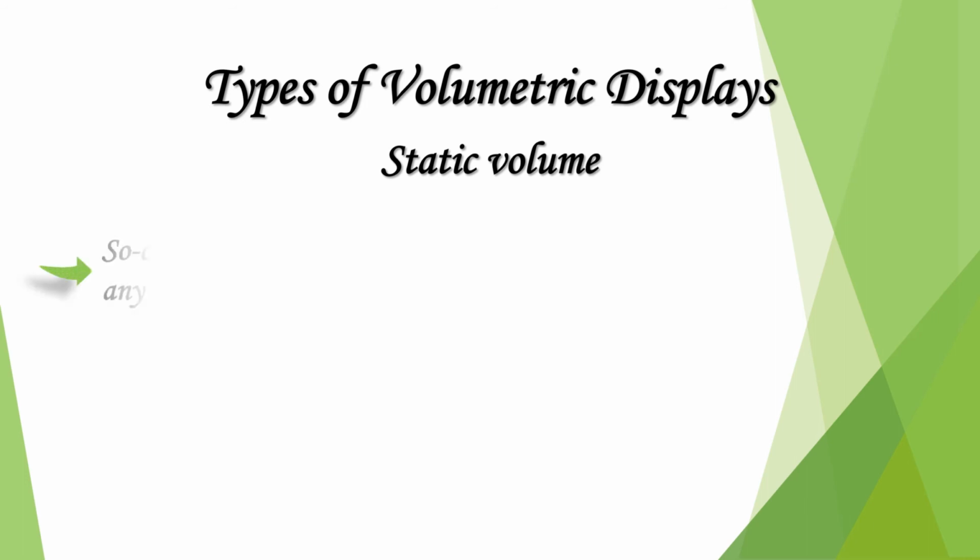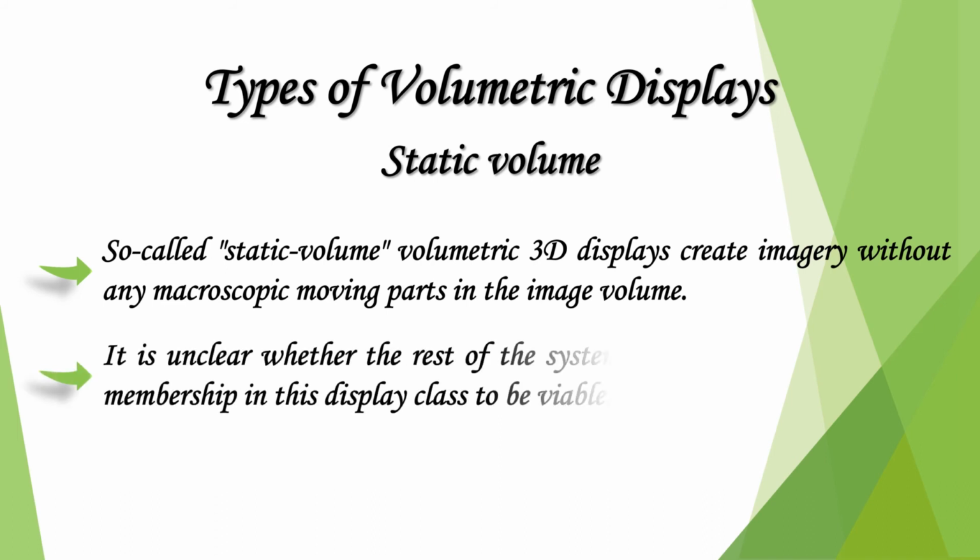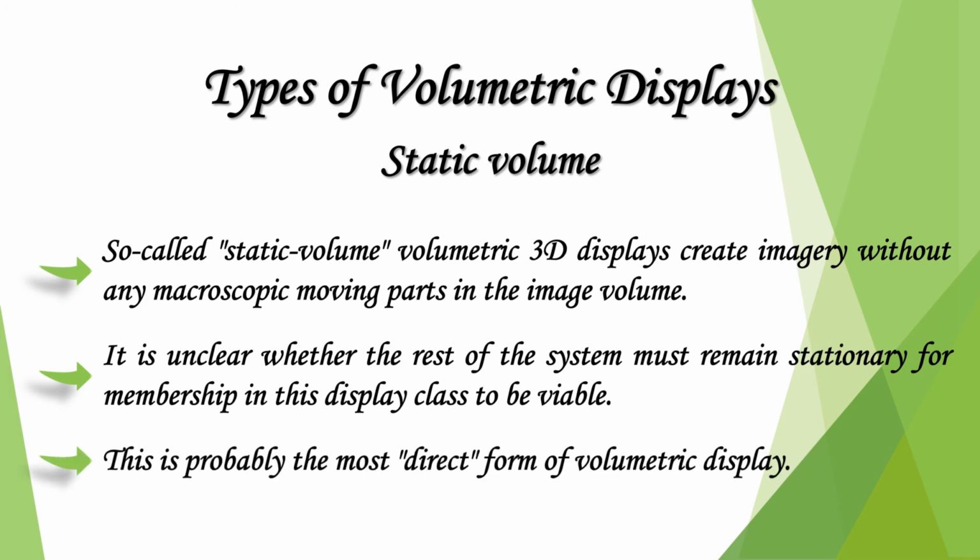Static volume. So-called static volume volumetric 3D displays create imagery without any macroscopic moving parts in the image volume. It is unclear whether the rest of the system must remain stationary for membership in this display class to be viable. This is probably the most direct form of volumetric display.